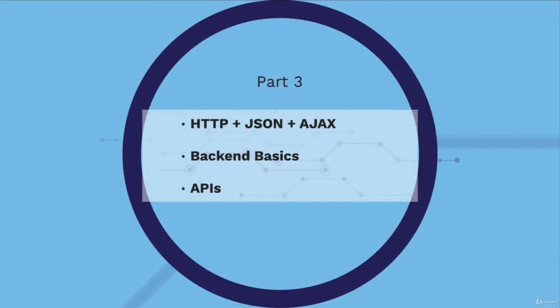We'll learn about the backend basics and what backend developers do. And then finally, I'll introduce you to some APIs, what APIs are, and definitely some really interesting APIs that are out there. This section is really going to open up your world from just being a front-end developer that is really good at building websites to somebody that can create really dynamic applications, and it will set us up for part 4.